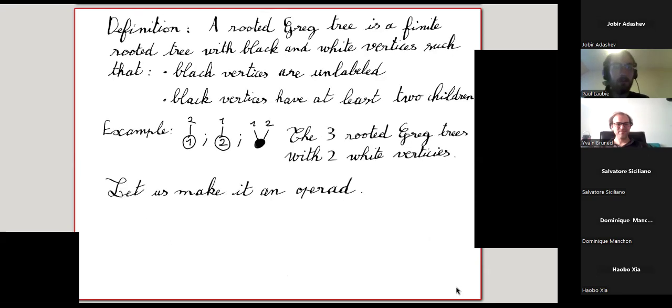However, I'm telling you that this is a sequence of rooted Greg trees. I should define them. A rooted Greg tree is a finite rooted non-planar tree with black and white vertices, such that the black vertices are unlabeled. So they are not entries that we count in the arity. The arity is only given by the number of white vertices.